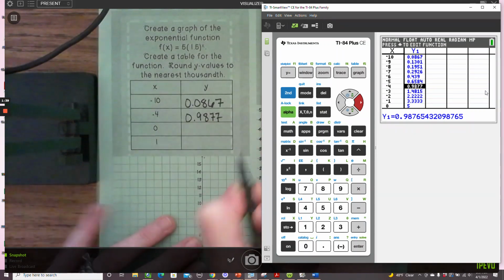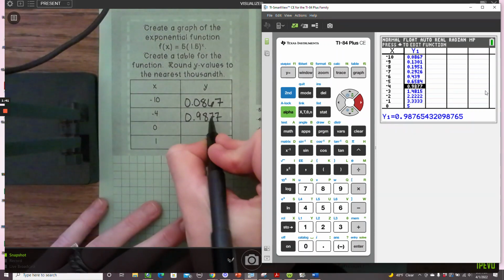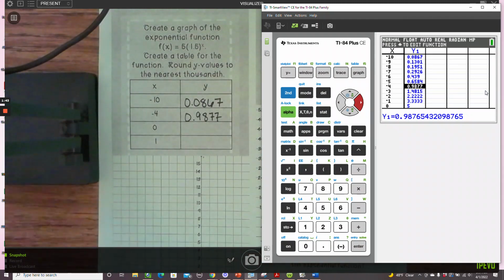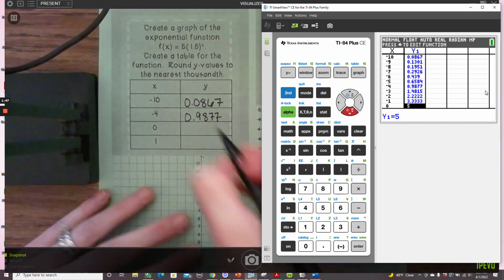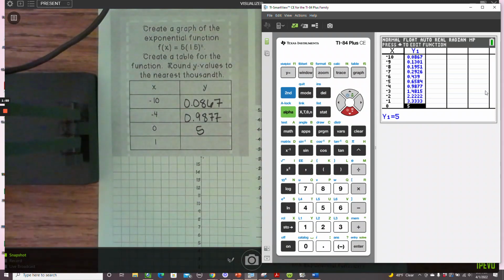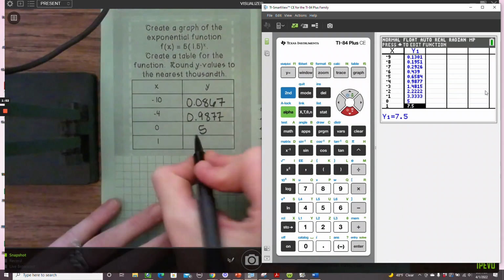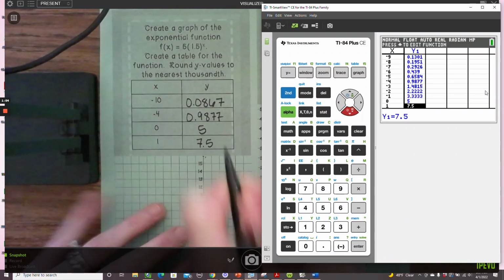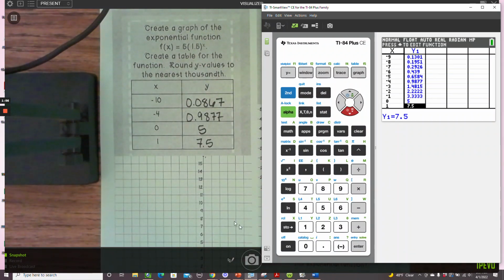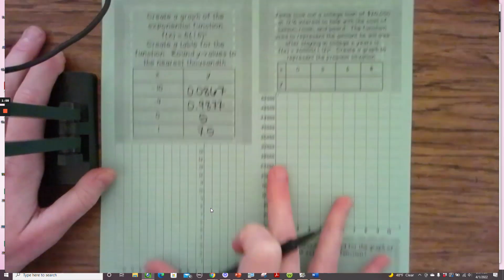I'm rounding to the nearest ten-thousandths. I apologize. And then we go to 0, and 0 is 5, and then down to 1, and 1 is 7.5. Once you create a table to work with, you can graph those ordered pairs.